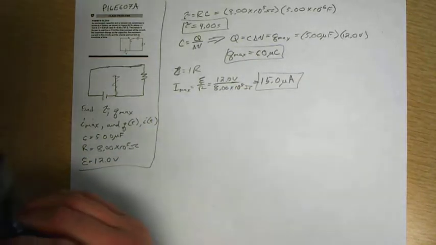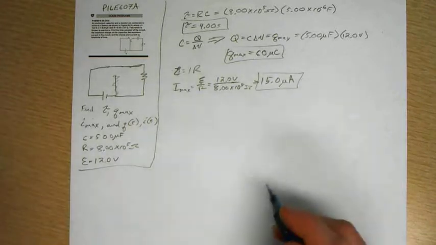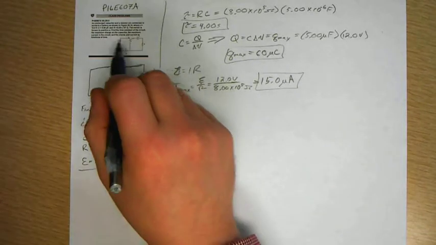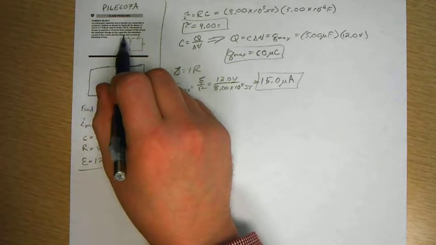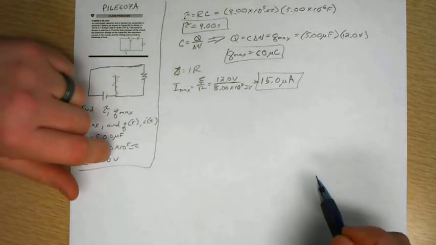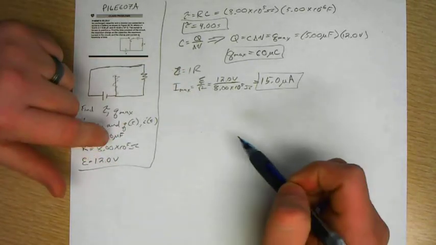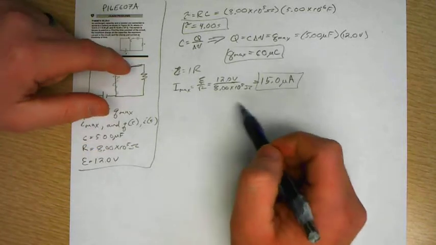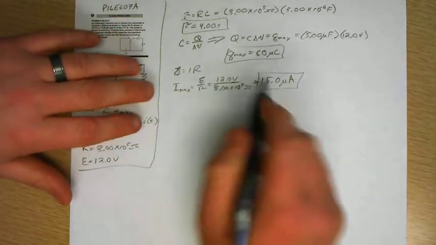The other way we could do that is, I'm going to circle back to that in a moment, because the first thing we need to do is find the charge and current as functions of time. We'll see if I find the current as a function of time, I can go back and calculate I max, but let's put that aside for now.